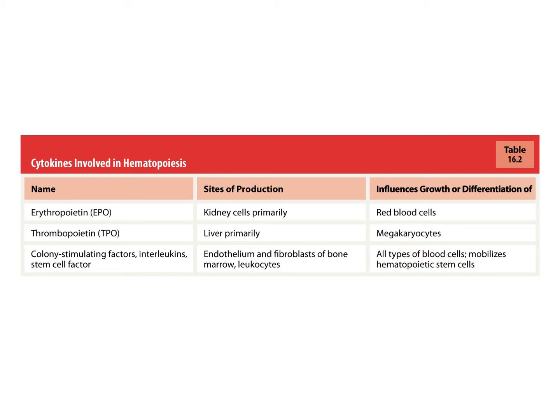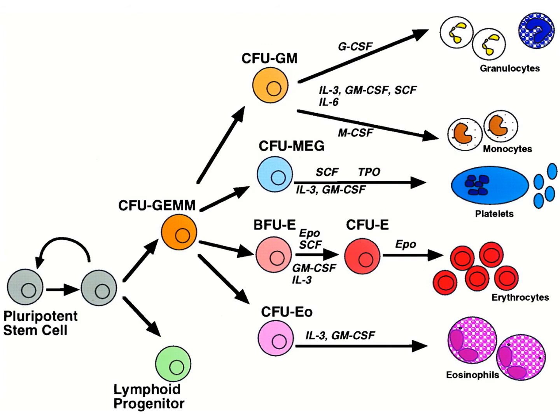So let's look at a chart. I'm just going to show you a rather complex figure in the next one, and you can sort of spot these colony stimulating factors and cytokines. So here's EPO right here. You can see EPO for red blood cell production. Here's TPO for platelets, okay?